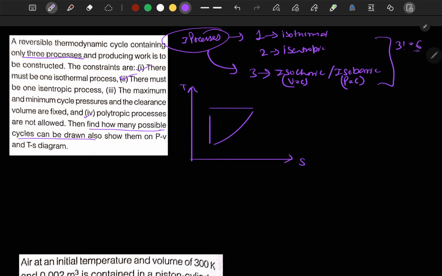So you can consider this process to be a cyclic process, and this will also be work producing if we consider the cycle to be clockwise. We have considered all the points and we have drawn the cycle. Next, let me draw it in the same diagram.